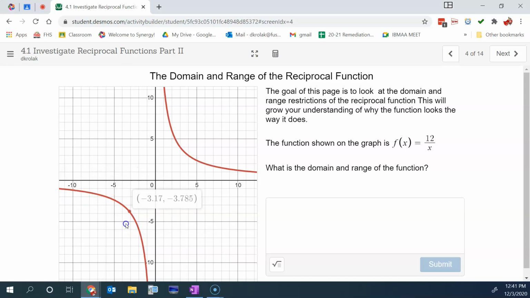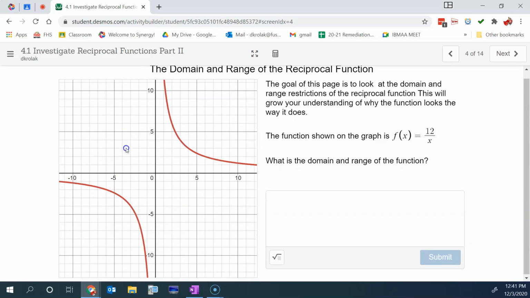So when we list the domain, a domain that doesn't have any restrictions means that you could trace this graph without lifting up your pencil. I can't trace this graph without lifting up my pencil to get to the other side. That tells me that there's going to be restrictions on the domain. There's numbers that aren't allowed to be part of this graph.